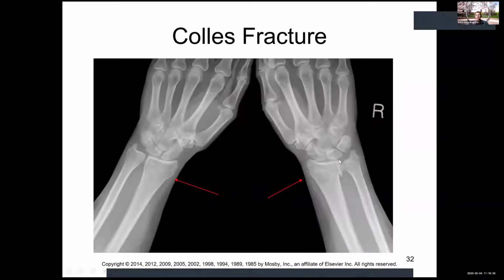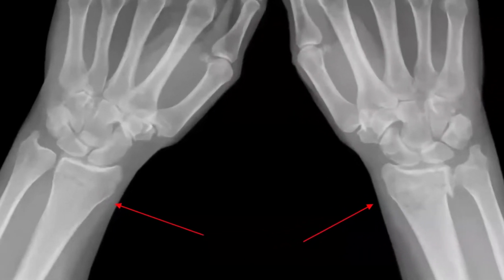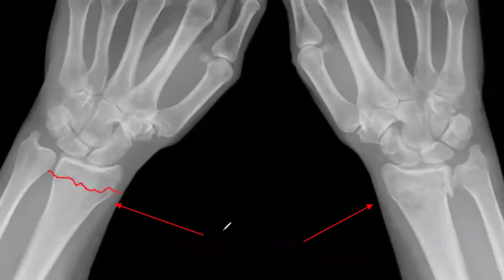And then the next one on that list was the Colles fracture, which I'm showing here. There's another image of it in your text, but you can see on this x-ray that you've got two fractures on this patient. Where the arrow is, I'm going to trace along here, you can see that line on the radius bone right at the end where it starts to join with the carpals. That area is what we would call a Colles fracture.